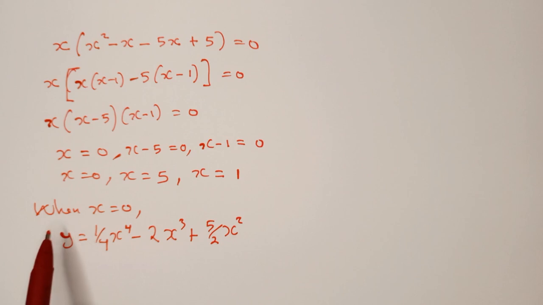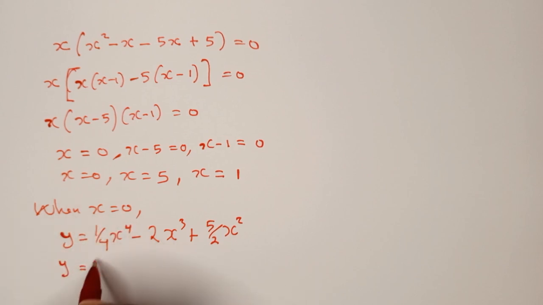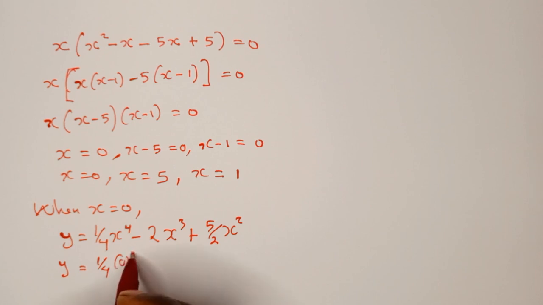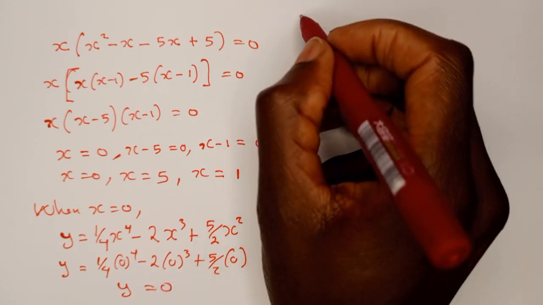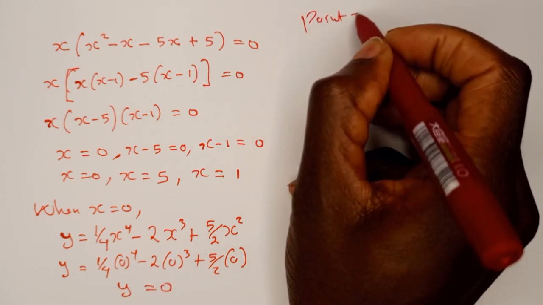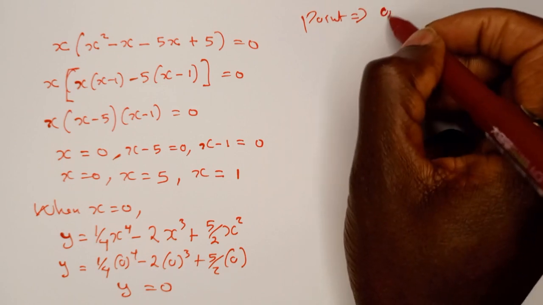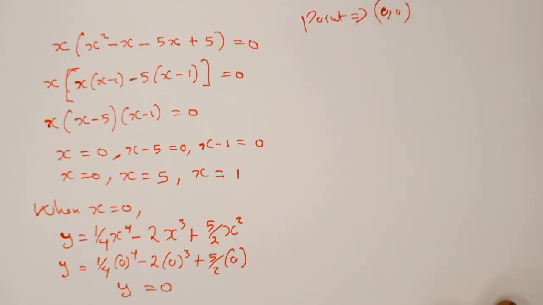So where there is x, now we put 0, so we're going to have y is equals to 1 over 4, 0 raised to 4 minus 2, 0 raised to 3 plus 5 over 2, 0 squared. So everything will be 0. So meaning that y was 0. So that specific point will be 0, 0. That is the point, 0, 0.